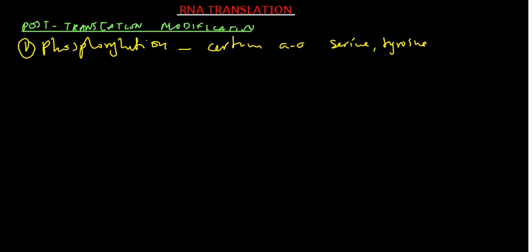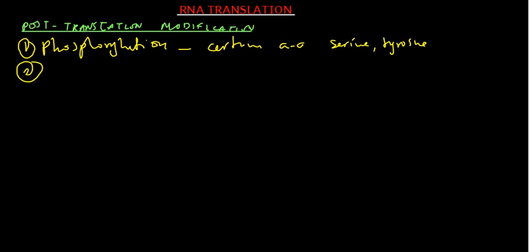Now the next modification that these have to undergo is, well, maybe phosphorylation. The process of phosphorylation, which happens by enzymes called kinases, is important. This type of modification plays a crucial role in the cell cycle and also signal transduction.